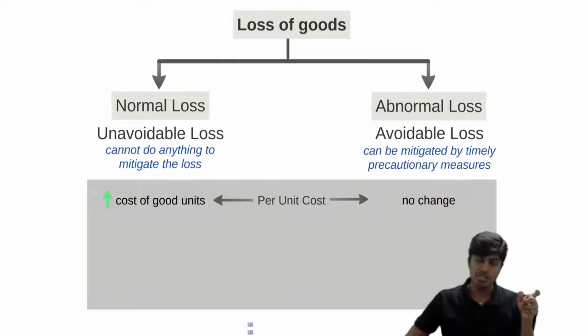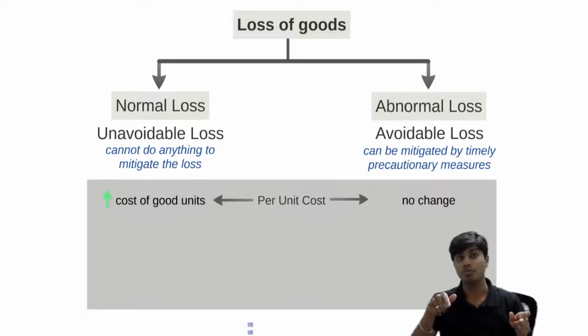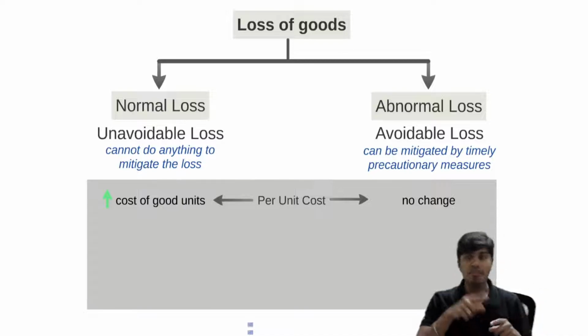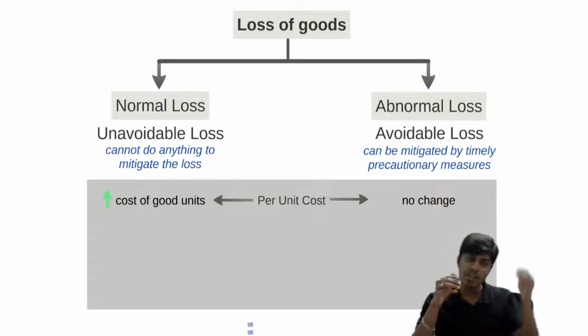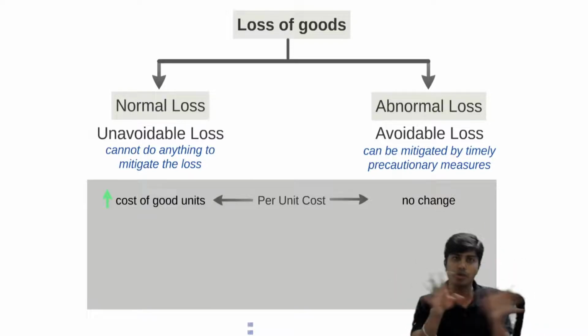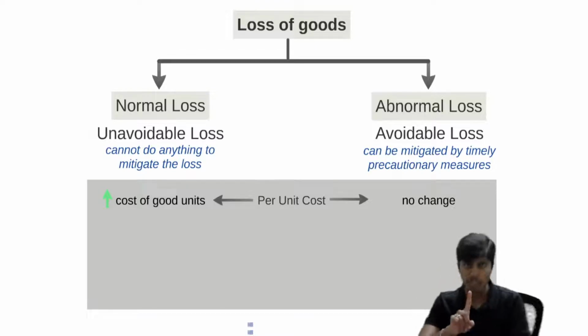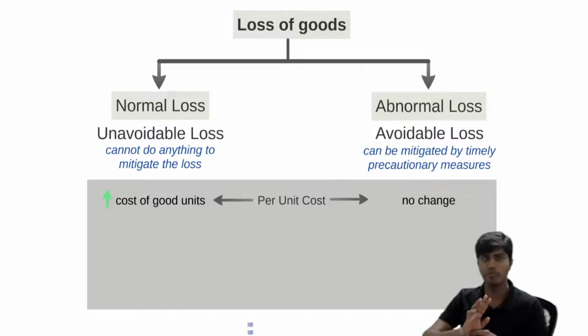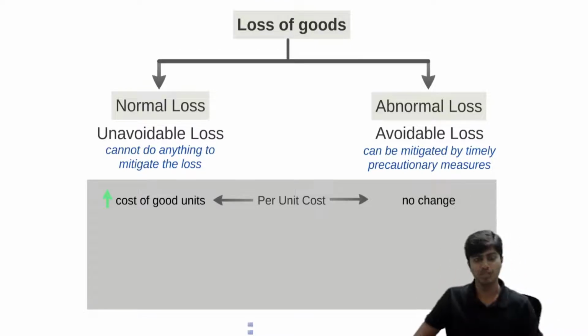That 1000 rupees will be the cost of 99 units now. So 100 units cost 1000, and because one unit is normal loss, 1000 rupees is the cost of 99 units. However, if it is abnormal loss, we will reduce the cost also and then per unit cost will not increase. I'll show this to you with the help of an example.